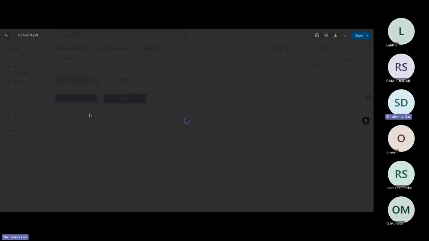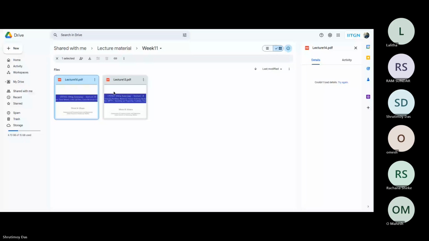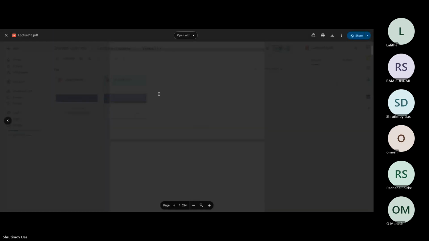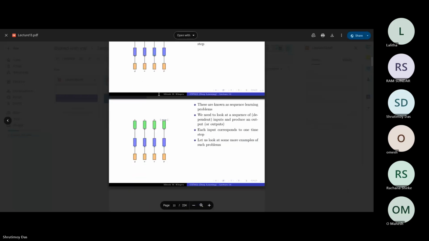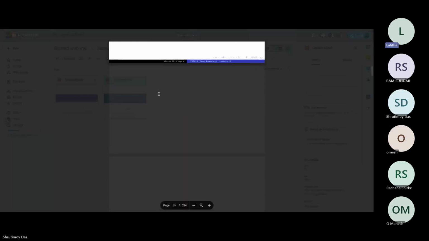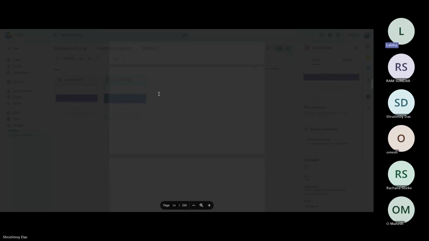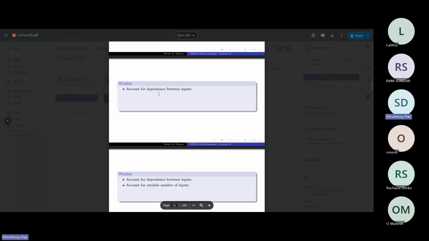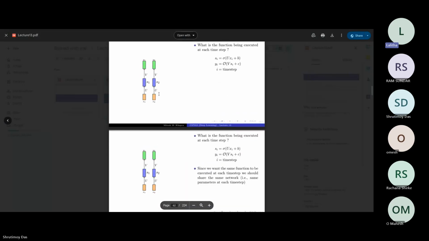Are you able to see the screen? Yeah, I can see. It comes after the BPTT, when the BPTT starts. Okay, I'll be a few slides after this.